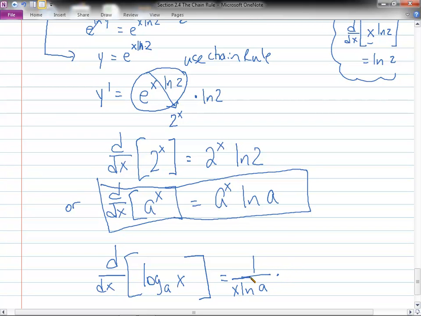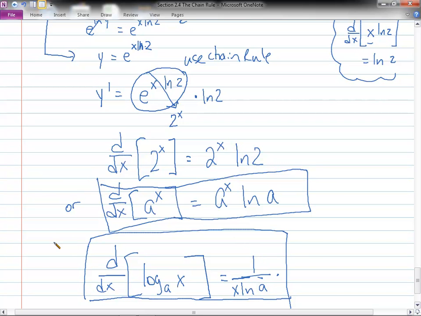I wrote down the wrong thing. There we go. Isn't it times the... Yeah, the natural log of a is what comes in right here.